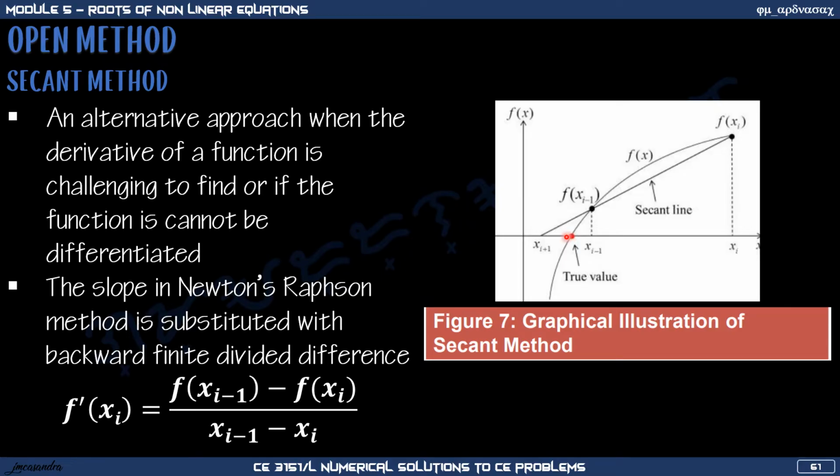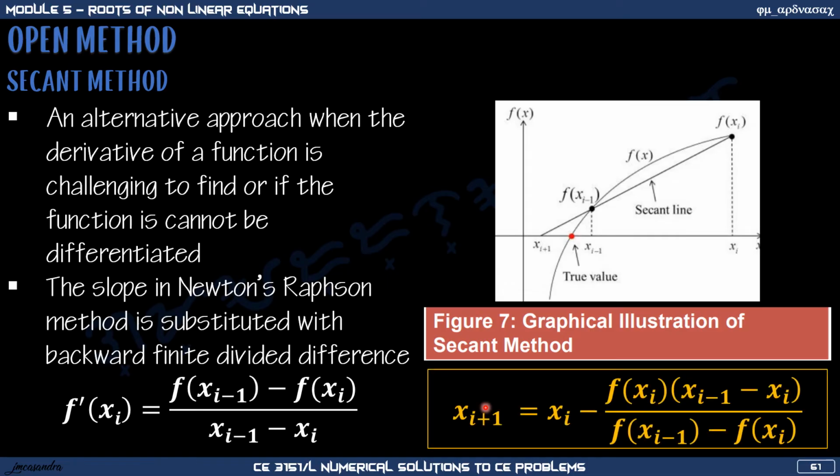From here, applying the Newton-Raphson equation, x sub i minus f of x sub i divided by f prime of x sub i, we just substitute the derivative. Instead of the derivative, we'll now be using this equation for the secant formula.